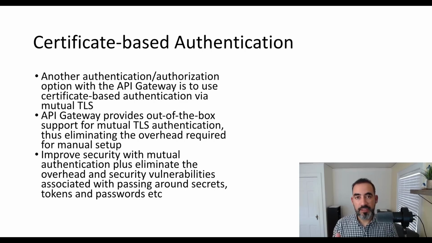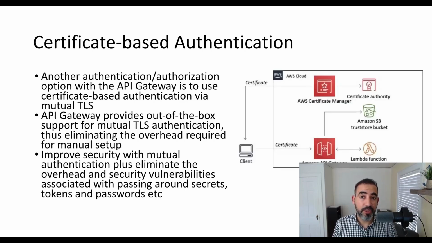Not only is the server authenticating the client, the client side also authenticates the server. So it is more secure. It's passwordless. There are no access codes or access keys being passed around. So it's more secure than the standard OAuth approach, and should definitely be considered in our API Gateway security design.